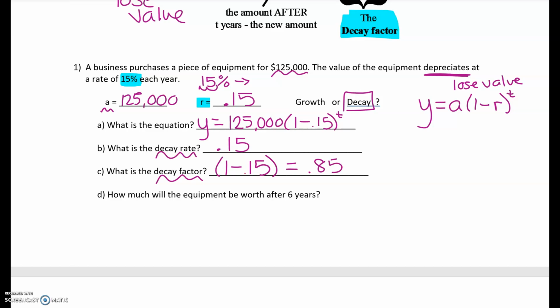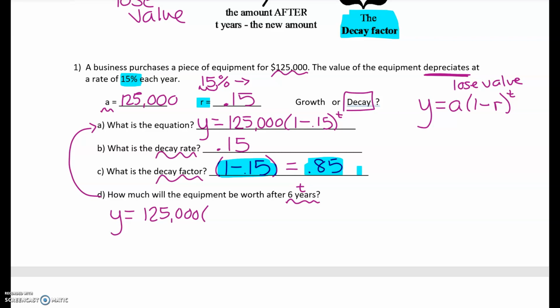So the question is, how much will the equipment be worth after 6 years? Well, this right here is our amount of time that we're looking at. So we're going to plug that back into the equation that we wrote in part A. So y equals 125,000 times, you could either put this 1 minus 0.15, or you could go ahead and put 0.85.